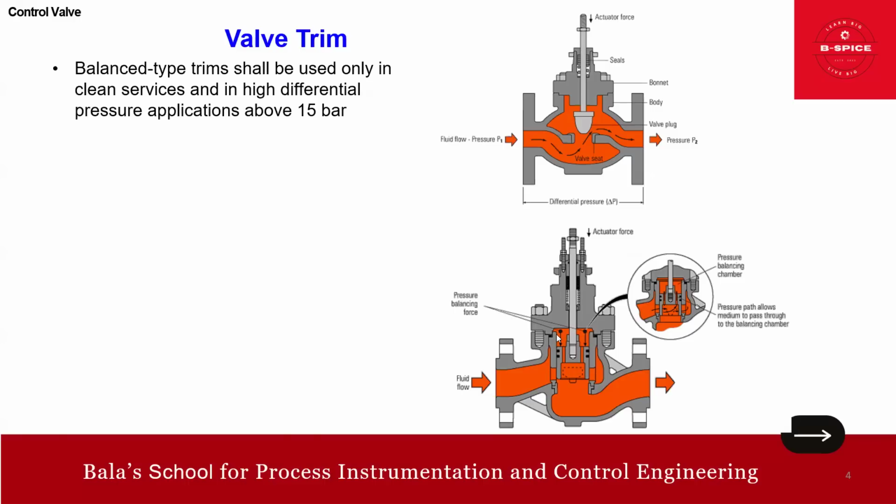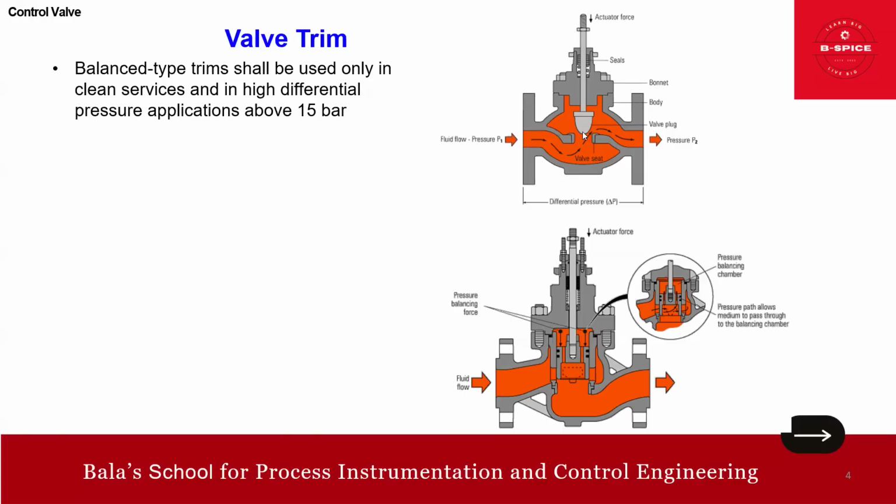Okay. Now coming back to that, the definition and the benefit. So unbalanced, here this is the unbalanced. There is no hole actually. No balance hole in the plug. So what is this unbalance here? In unbalance, there is no balance hole on the plug. Other point is the pressure differential here. The medium pressure differential acts directly on the effective area of the plug.